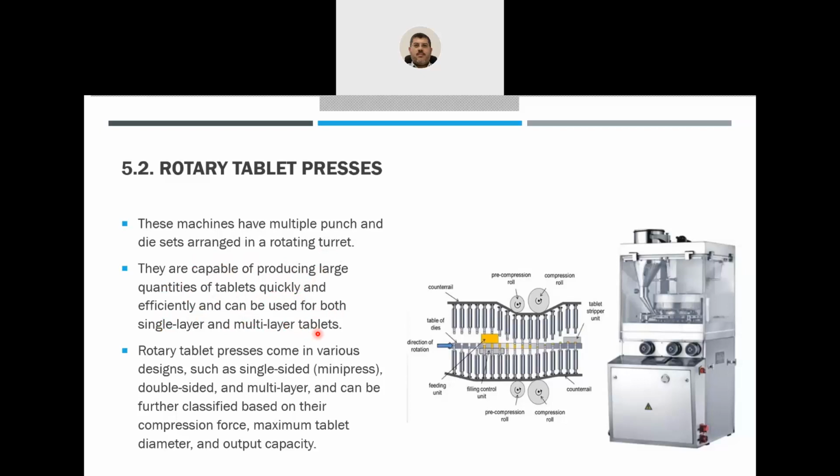Okay. Rotary tablet presses come in various designs. There is single-sided, double-sided, and multi-layer, and they can be further classified based on the compression force, maximum tablet diameter, and output capacity. So there are many variations.